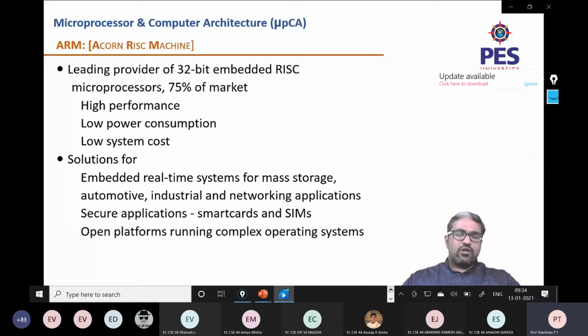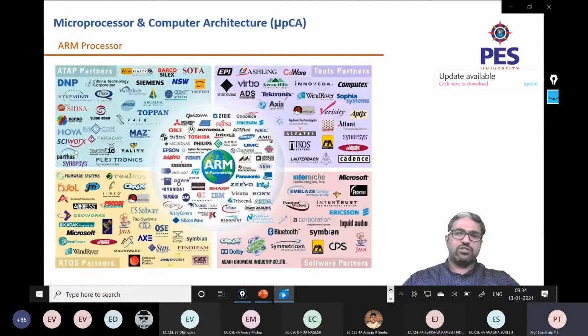It has provided solutions for a lot of real-time applications, industrial and network applications, mobile applications, which can run on any type of operating system, including your Android OS, which you use in your tablet or in your mobile phones. That is the background of your ARM processor.